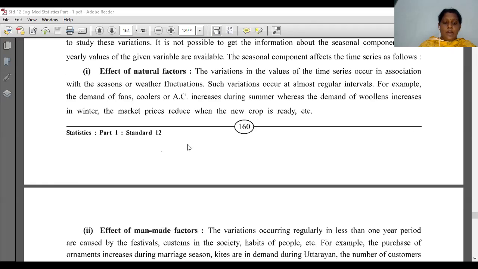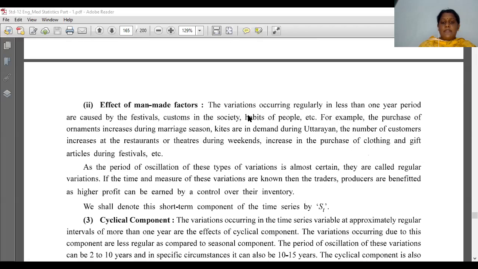Okay, so now the effect of man-made factors. The variations occurring regularly in less than a 1-year period are caused by festivals, customs in society, habits of the people, etc. For example, the purchase of ornaments increases during the marriage season and kites are in demand during Uttarayan. The number of customers increases at restaurants or theaters during the weekend. There is an increase in the purchase of clothing and gift articles during festivals, etc. As the period of oscillation of these types of variations is almost certain, they are called regular variations.